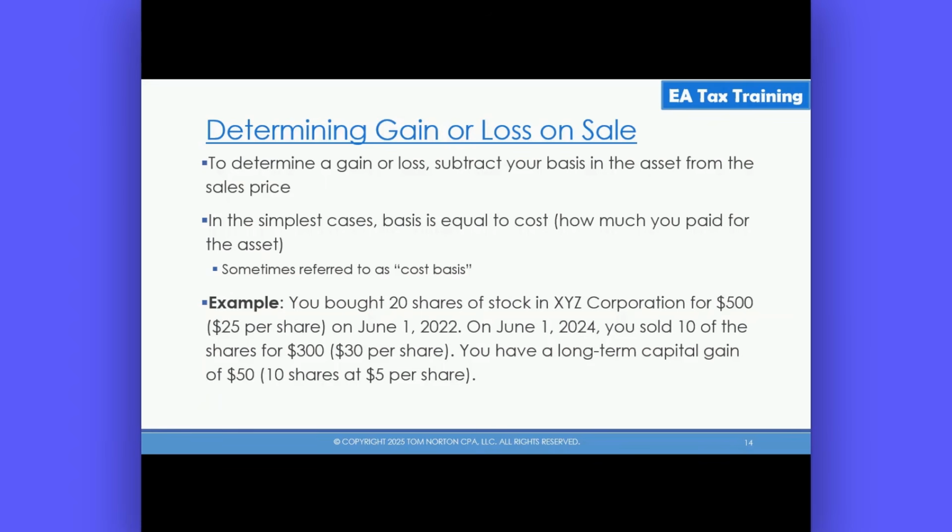On June 1st of 2024, you sold 10 of those shares for $300, or $30 per share. You have a long-term capital gain of $50. You bought them for $25 per share and sold them for $30 per share. That's a $5 gain. There were 10 shares sold, so you have a $50 gain. That's a simple example of determining gain or loss.